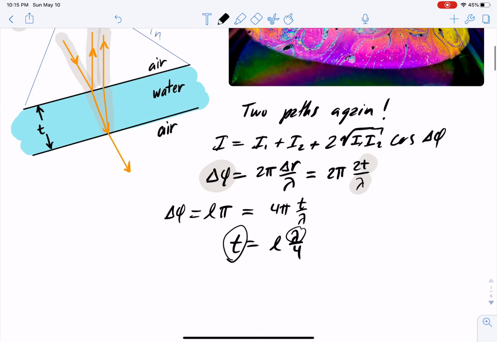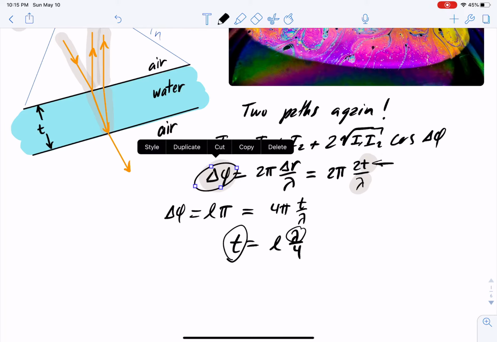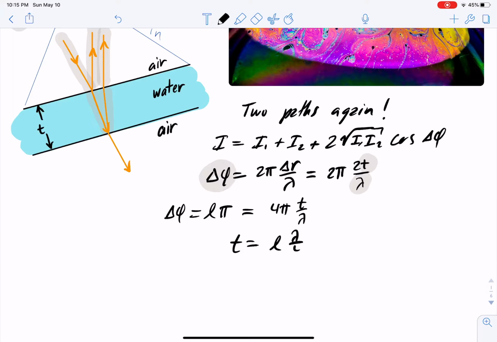If we look at what happens with our equation, when it's very thin, t goes to 0, the phase difference goes to 0, and then we get a maximum. Okay, so there's something not quite right. And it's easy to fix, and it's a physical phenomenon that we haven't thought about yet. So we need to add it.